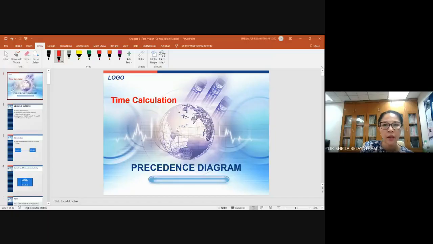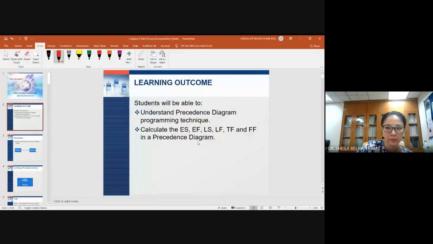If you go through the notes that you can find under my folder, it walks you back through the precedence diagram. This would be part 4 of project planning. Part 3 was about CPM, but since we are not touching a lot on CPM, I just need you to know the difference between CPM and precedence.